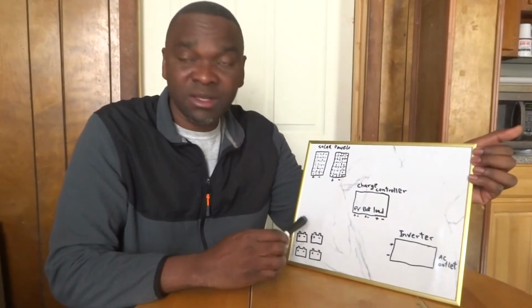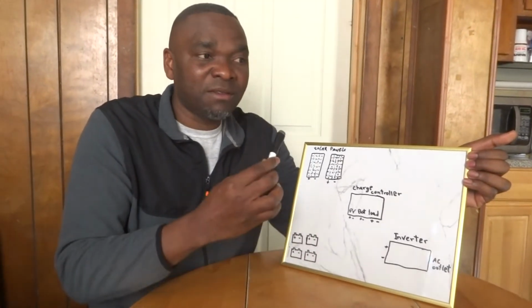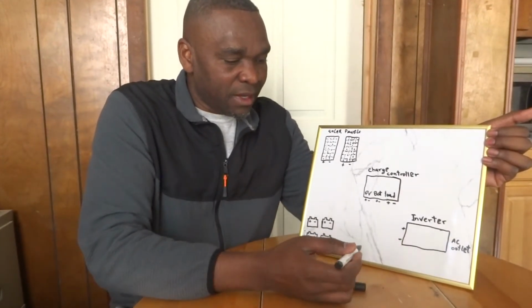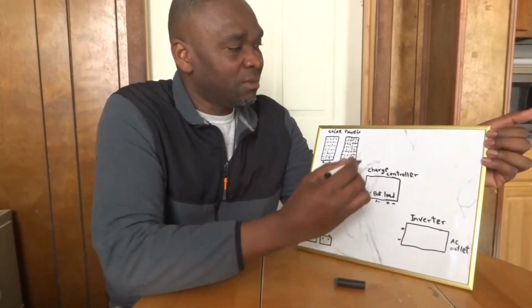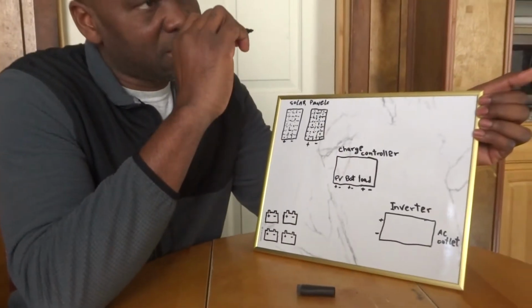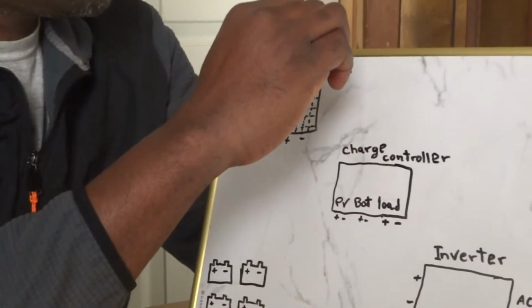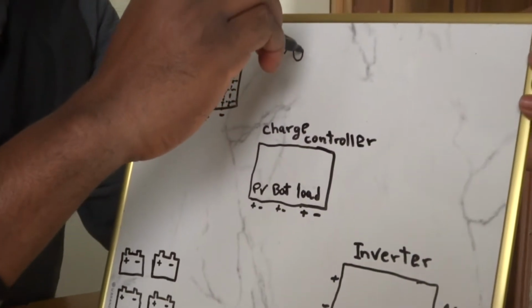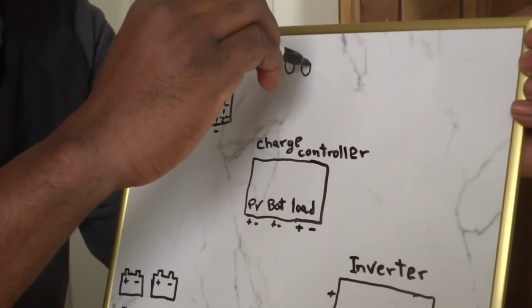You have a plus and a minus. AC still has a plus and a minus, but it's not that important. Last time I was talking about the sine wave, the pure sine wave inverter, the AC sine is like this, pretty much.